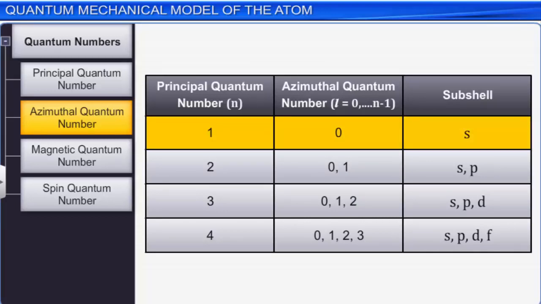Similarly, for n equal to 2, l is equal to 0 and 1. That is, there are two subshells in the second main energy level. And for n equal to 3, l is equal to 0, 1, 2. That is, there are three subshells in the third main energy level.